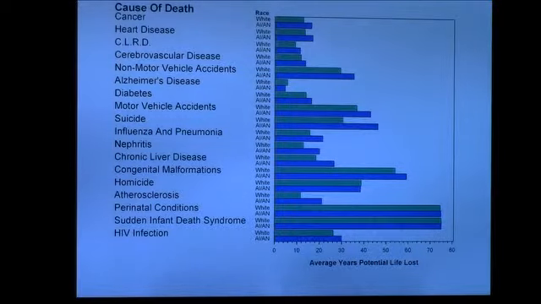Okay, and here we can also simply divide the total years of potential life by the number of decedents below the age of 75 and come up with an average. And this shows us essentially how many years each decedent typically contributes to the total.